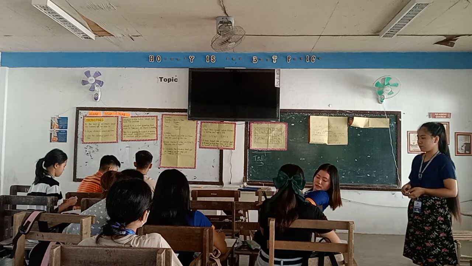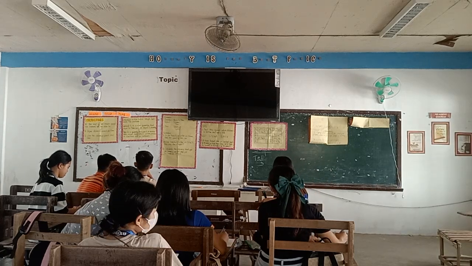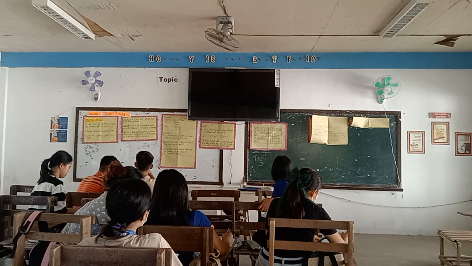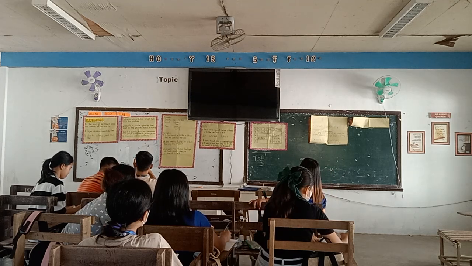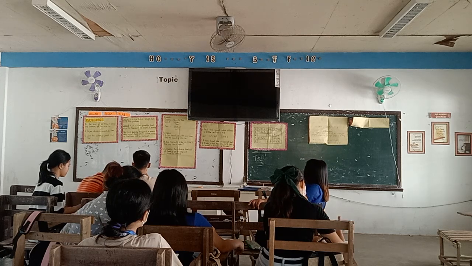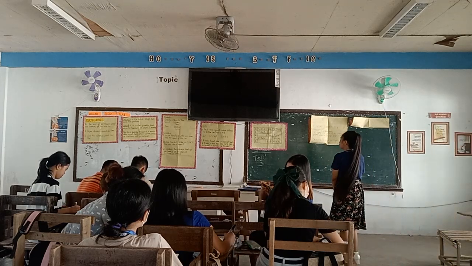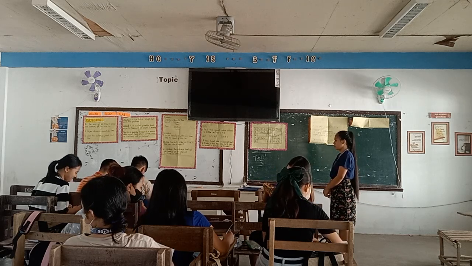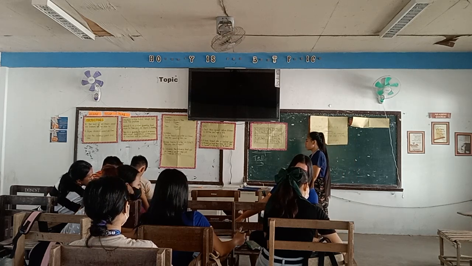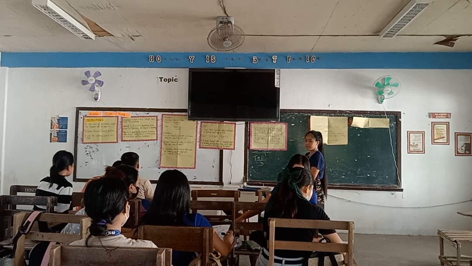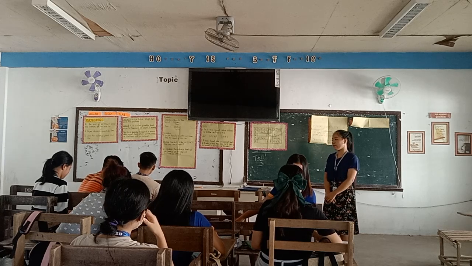Your groups. If you're done, just pray. The other group is 6. After that, if you are done, we're going to explain your answer. Choose one representative to explain your answer.